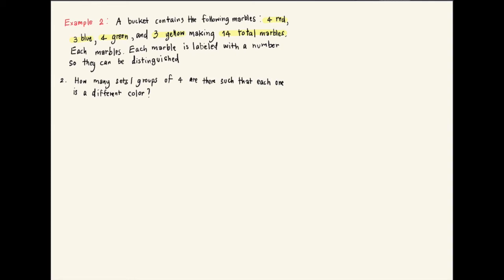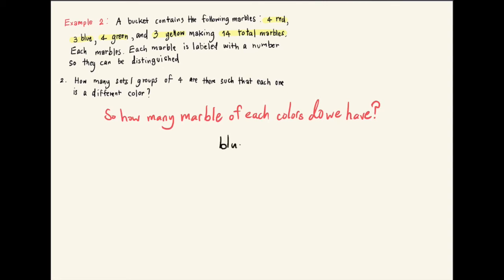Next, question 2. How many sets or groups of 4 marbles are there such that each one is a different color? So first we have to find out how many marbles of each color we actually have. So we got 3 blue marbles, 4 red marbles, 4 green marbles, and 3 yellow marbles. The question is asking us to find 4 marbles that are different in color.